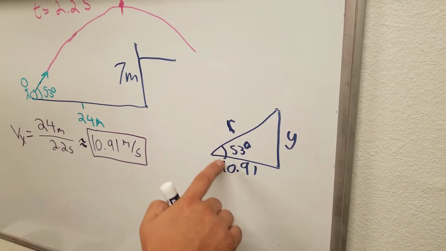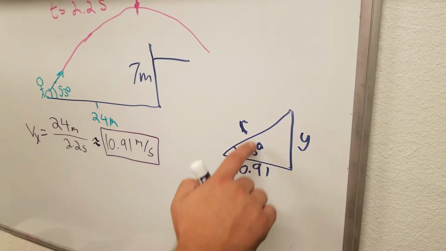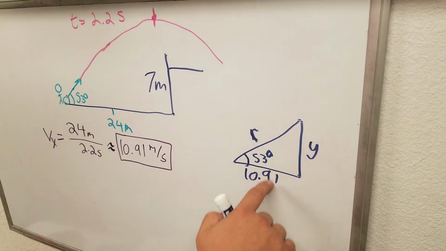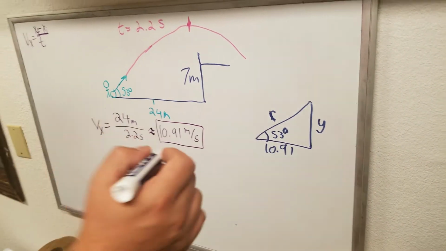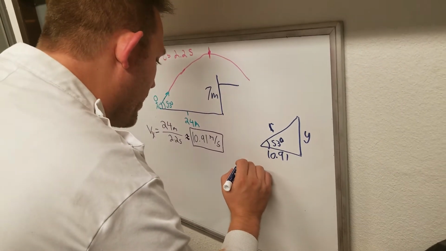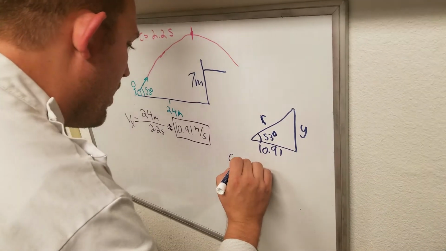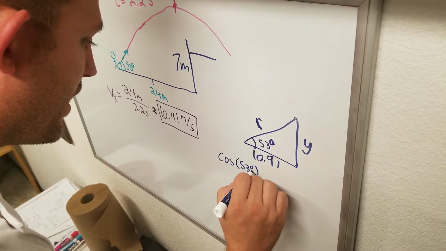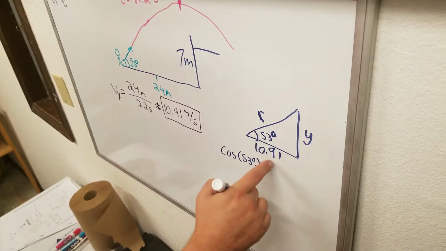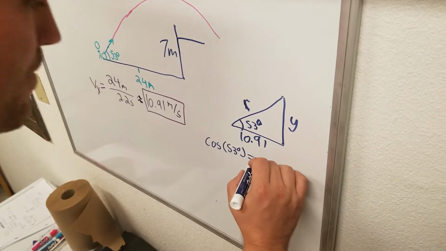This is the adjacent side to that angle, and this is the hypotenuse. Adjacent over hypotenuse is cosine. Remember SOHCAHTOA. So the cosine of 53 degrees equals adjacent over hypotenuse, 10.91 over r.